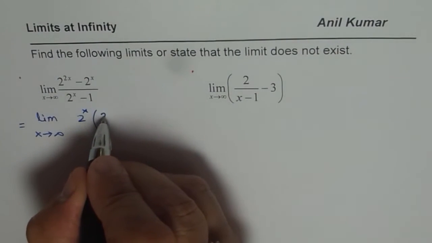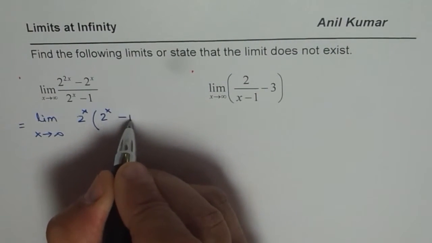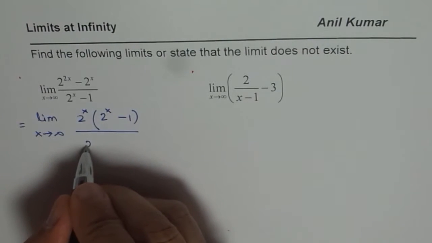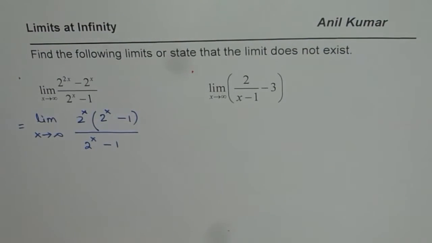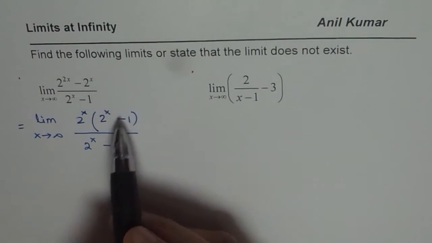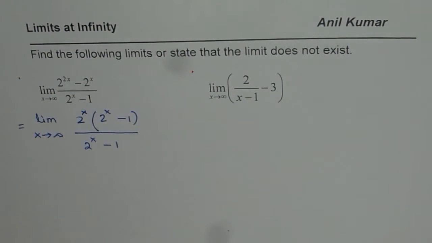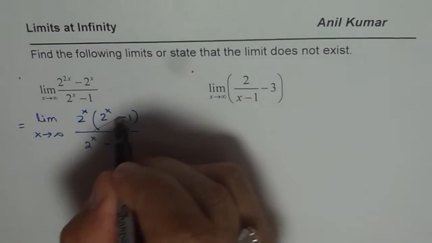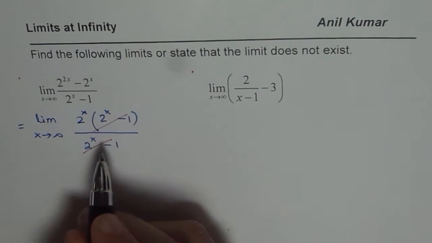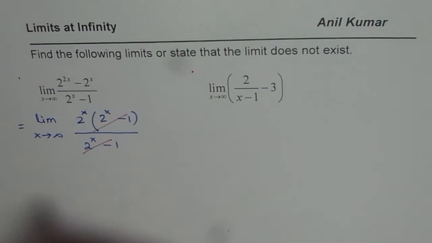I get 2 to the power of x minus 1 in the numerator, and the denominator is 2 to the power of x minus 1. Do you get the idea? So now we can cancel these factors. The factors 2 to the power of x minus 1 cancel out. And then what do we get?